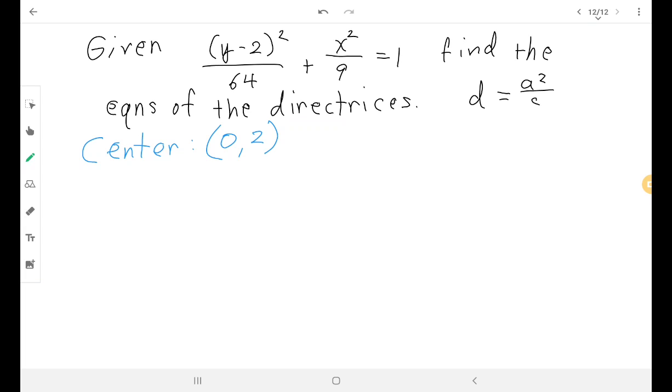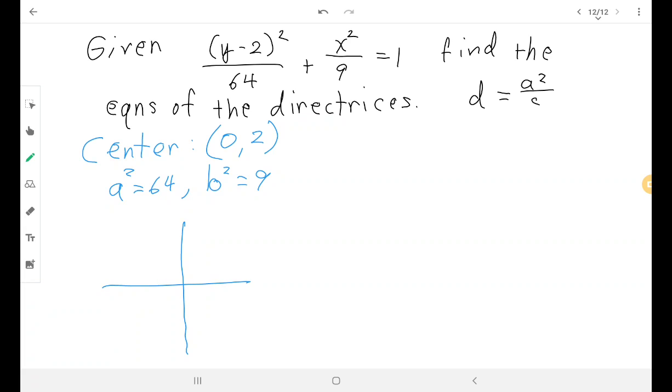We need a squared, right? And a squared is just that number there, 64. We need b squared, which we also have. So let's draw the picture here.